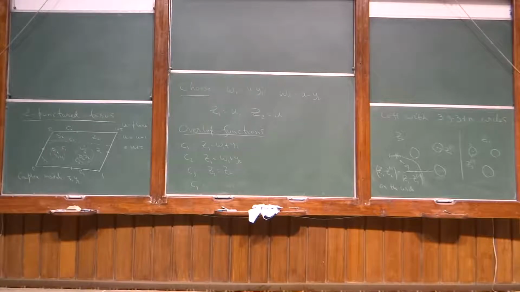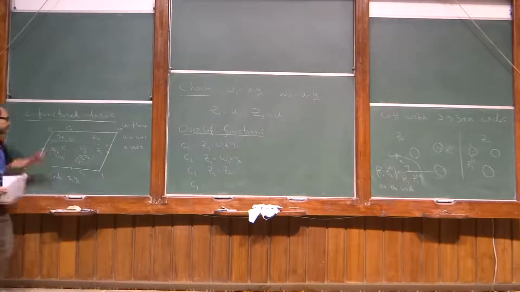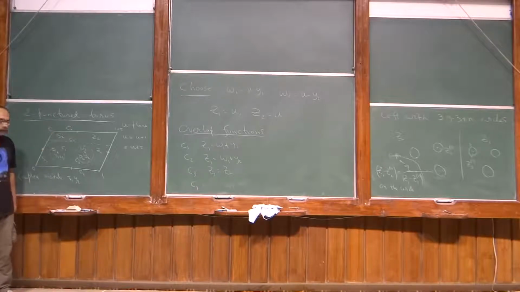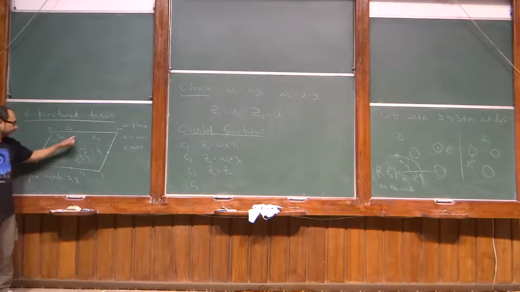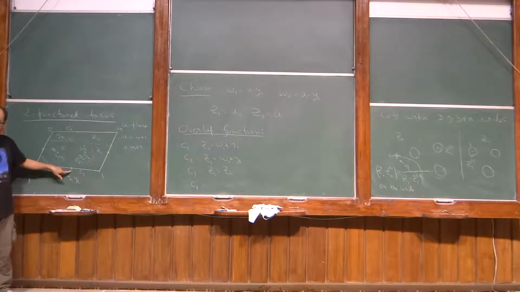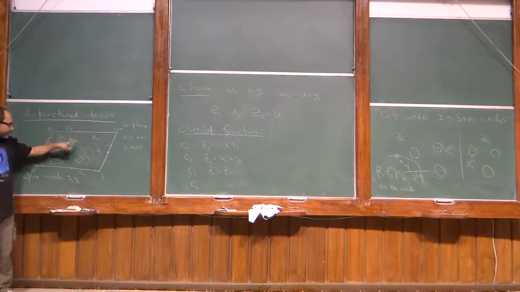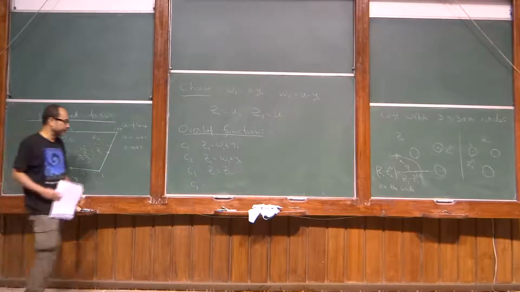Okay, this is a tricky one. What is the overlap condition on C4? First of all, which coordinates overlap on C4? Z2 and Z1, because this is also C4. This line is identified with this line. So Z2 and Z1 overlap on C4. What is the relationship between Z2 and Z1 on C4?